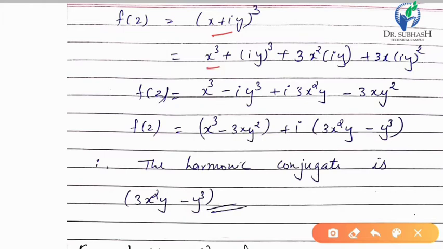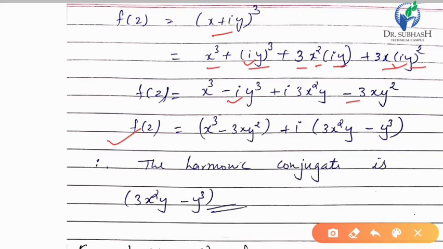So it will be a cube plus b cube plus 3a square b plus 3ab square. I will simplify this. Here i cube will become minus i and this i square will become minus 1. Now I will take real and imaginary parts together. So f of z, I will be getting x cube minus 3xy square plus i times (3x square y minus y cube). I have taken real parts together and imaginary parts together.